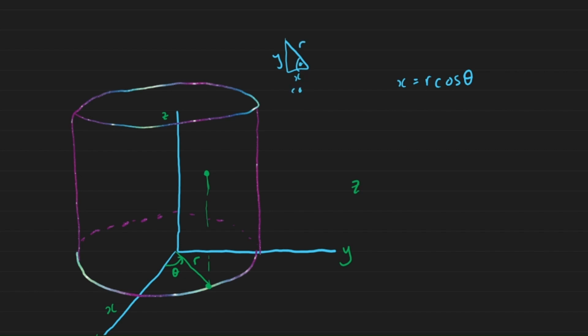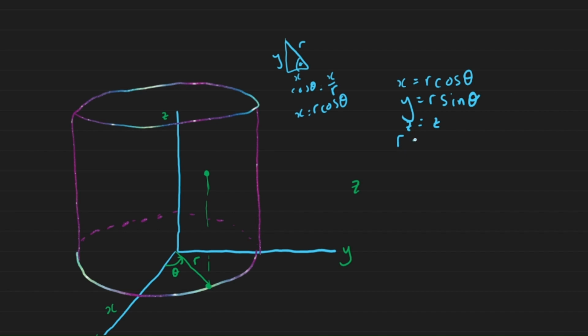So of course cos theta is x over r. So x is r cos theta. y is done in a similar manner. So y is r sin theta. Z just remains as z. There's no transformation of variables there.